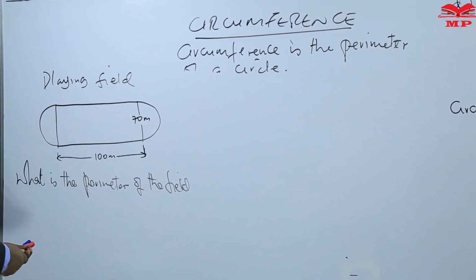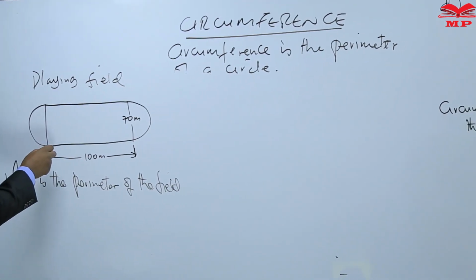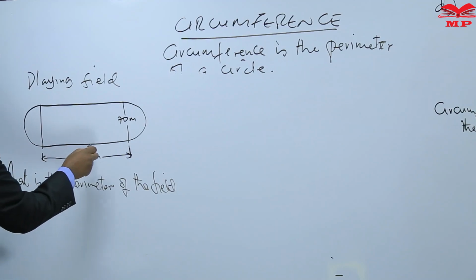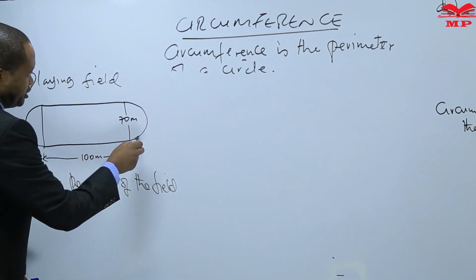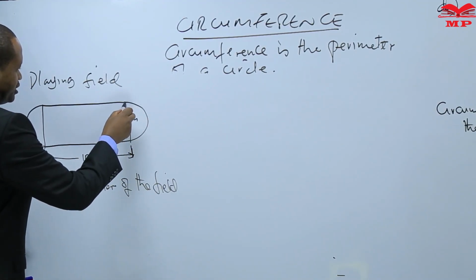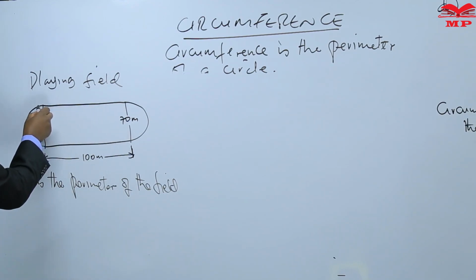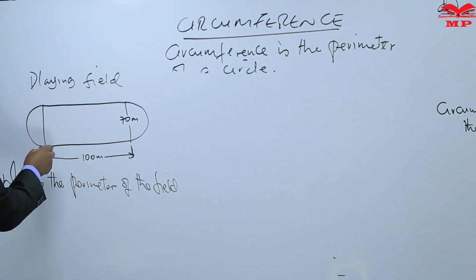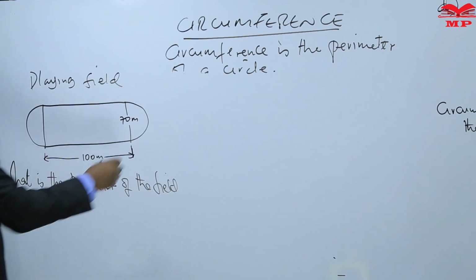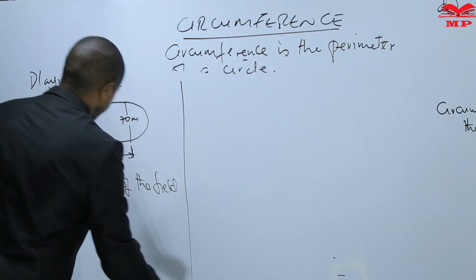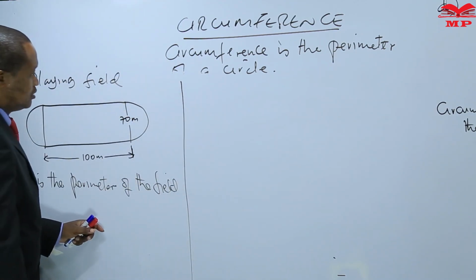If you are to measure the distance, we start from this point, go on, then take the semicircle, get the distance, then there is that stretch, then this semicircle. So what is the perimeter?